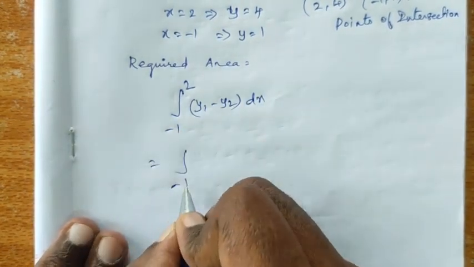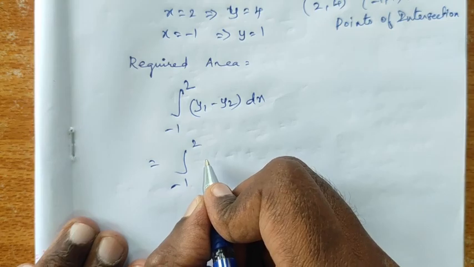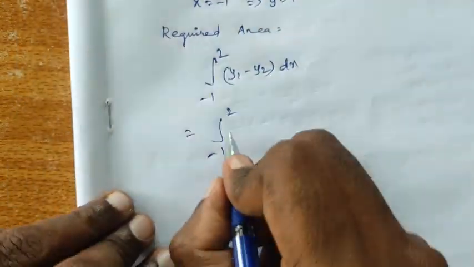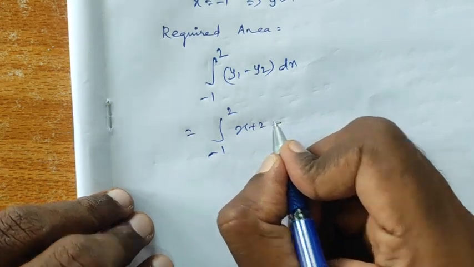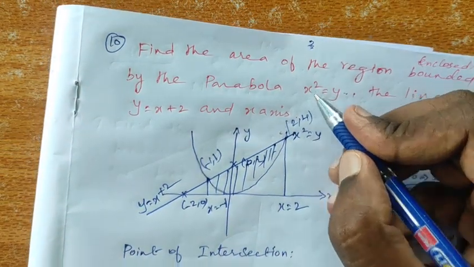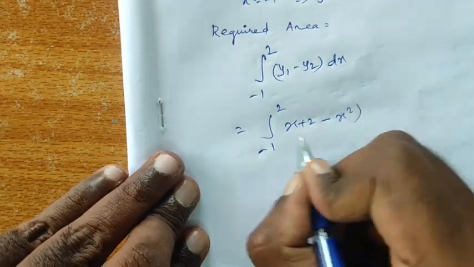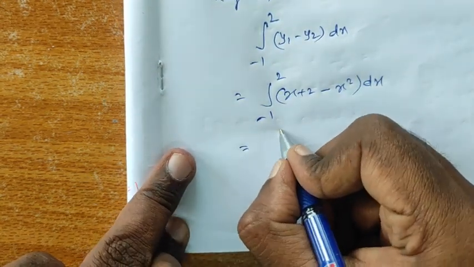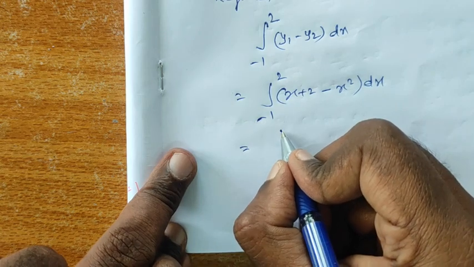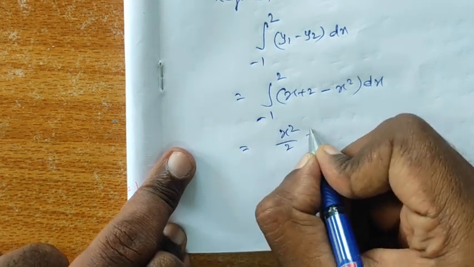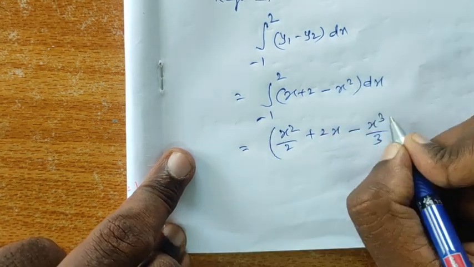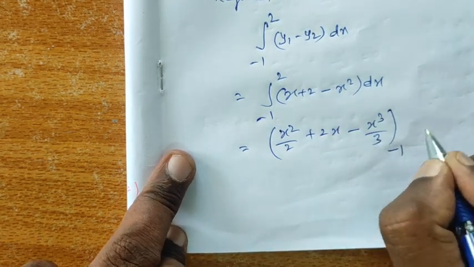So integration minus 1 to 2, instead of y1, first we have to take the line, so x plus 2, minus the parabola x square, into dx. So which is equal to, we can find the integration: x square by 2 plus 2x minus x cube by 3, over minus 1 to 2.